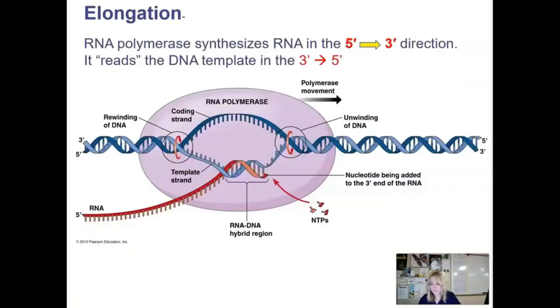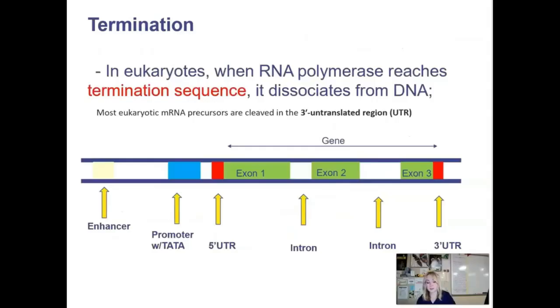And we can see during the elongation process, which happens in a 5' to 3' direction, we are adding the nucleotides one at a time, and we have a temporary RNA-DNA hybrid region that forms while it's happening. And then the termination sequence is going to be somewhere right here, and then we can terminate transcription. When transcription termination happens, obviously all the components are going to dissociate from the DNA.